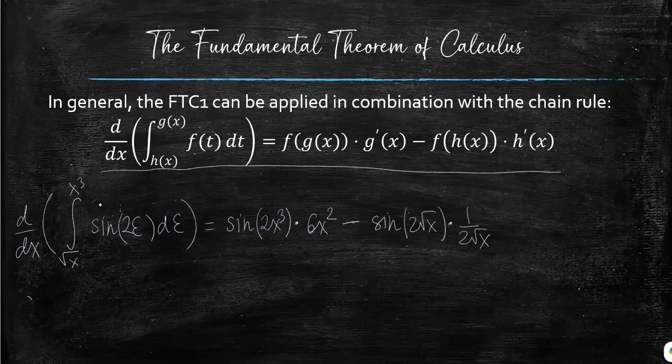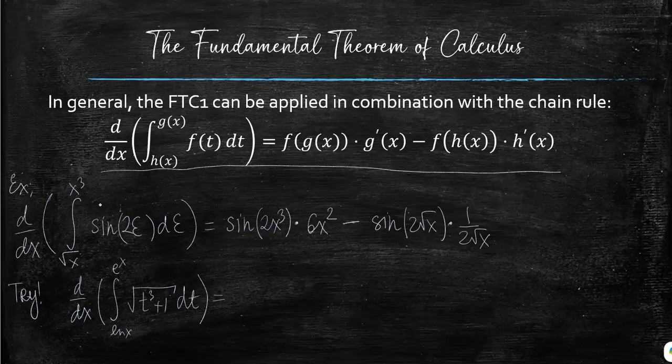Now, this was me doing an example, and now I would like you to try and find the derivative of this function: the integral from ln x to e to the x of square root of t cubed plus 1 dt. I'll start solving it in 3, 2, 1.